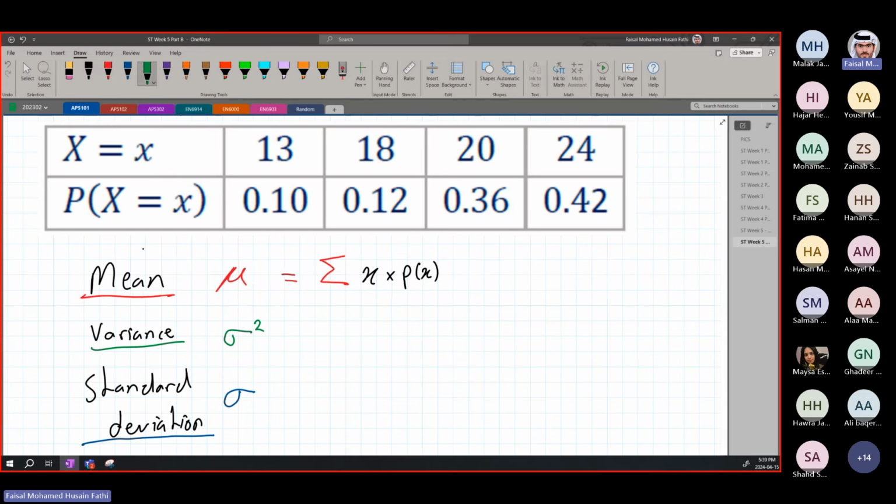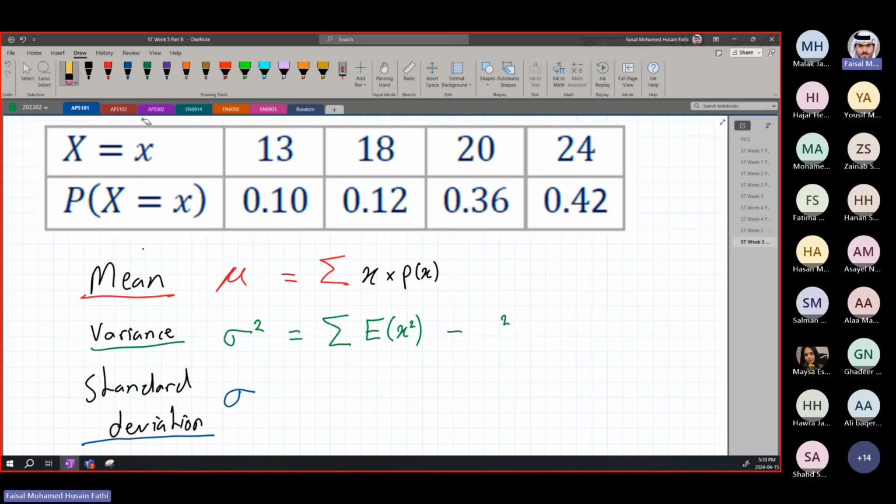The variance is equal to the sum of E of x squared, which I will talk about in a little bit, minus mu squared.